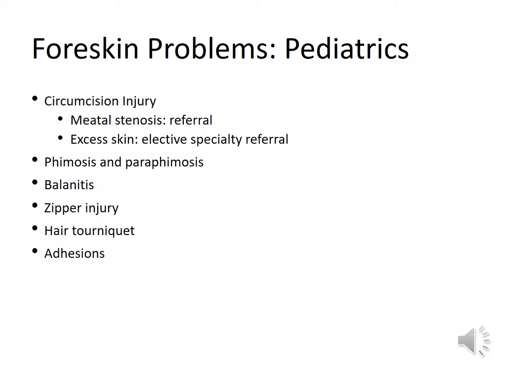If parents prefer more rapid resolution, they can do gentle retraction to lyse the adhesions, followed by application of an antibiotic ointment, or betamethasone cream low dose at 0.05% can be applied topically in patients with phimosis with adhesions. Minor adhesions can also be prevented by retracting the foreskin 1 to 2 days post-circumcision and cleaning that area well with warm soap and water.